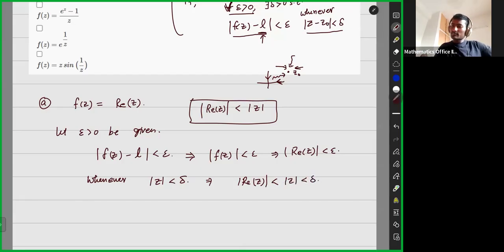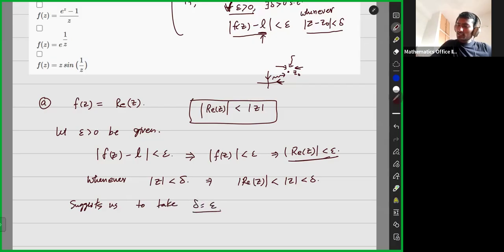So what choice of delta should we take so that it holds? Delta equal to epsilon will work, so this suggests we take delta equal to epsilon.